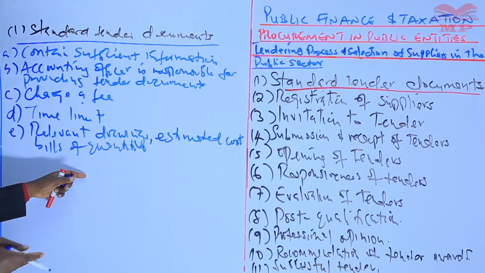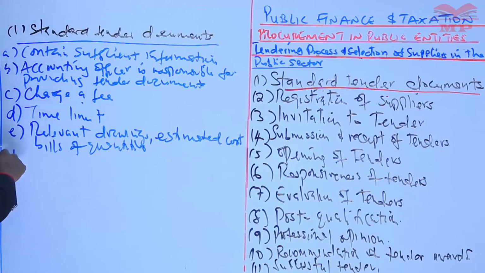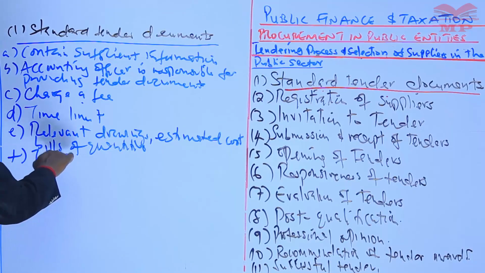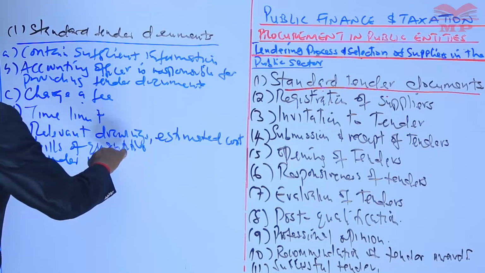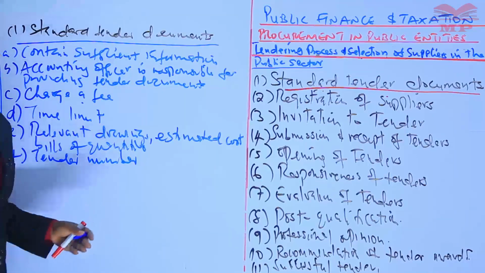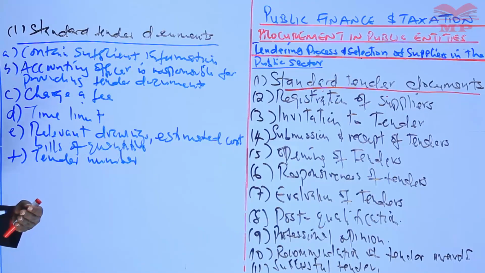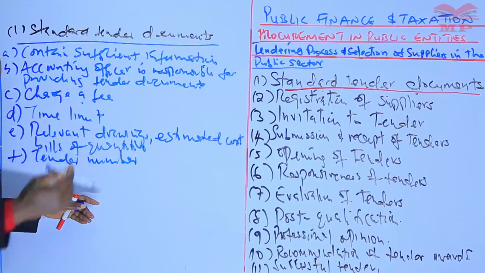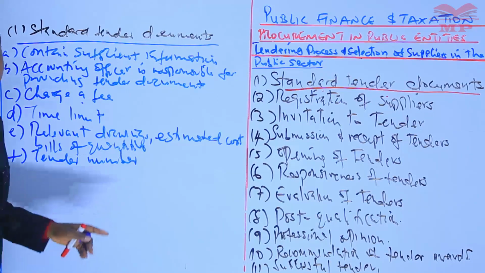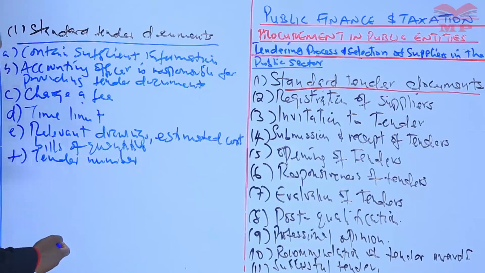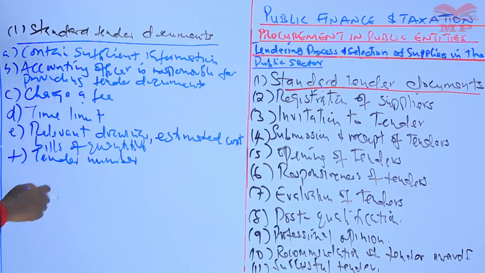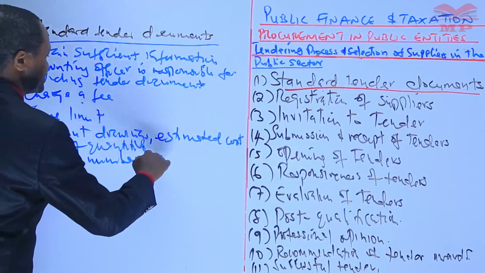There also ought to be what we call the tender number. A tender number should be assigned. The document should contain a tender number assigned to the procurement proceedings by the procuring entity. So tender number assigned.